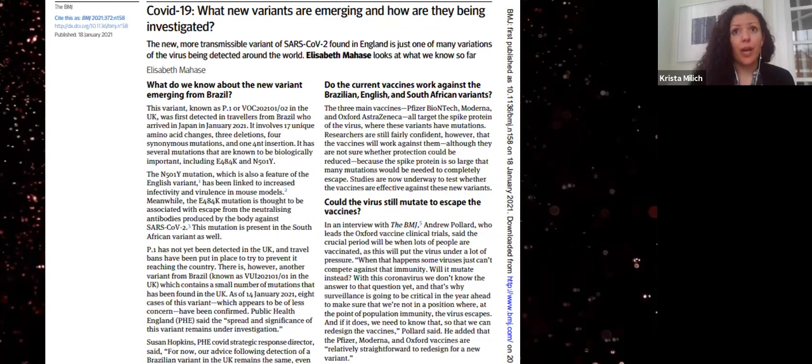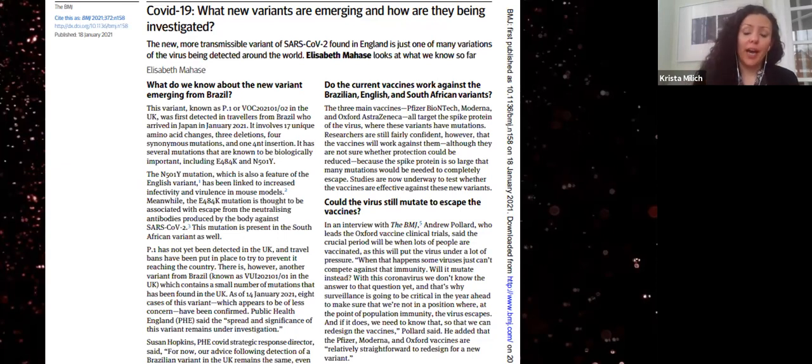So similar to how I talked about how humans kind of artificially selected the types of traits that we want to see in dogs, a similar thing could happen by accident with people kind of selecting more dangerous variants to circulate in the population because the vaccine, similar to what we saw with antibiotics, is more effective against the original strain. And then what we have is these other variants becoming more common in the population.